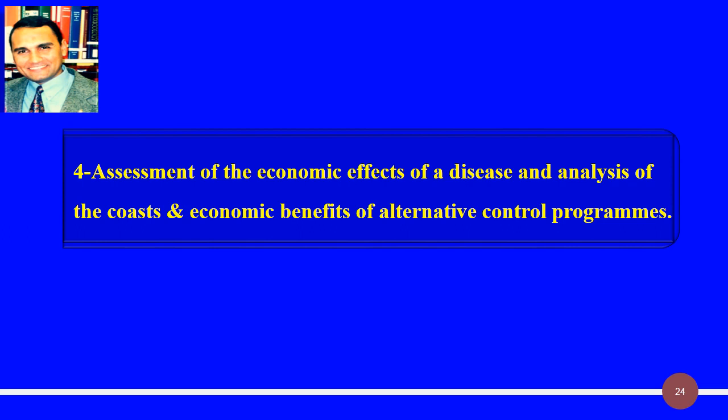The cost of the control of a disease in a livestock industry or among a human population must be balanced against the economic losses attributed to this disease. Economic analysis is therefore required. This is an essential part of modern planned animal health programs and human medical health programs.